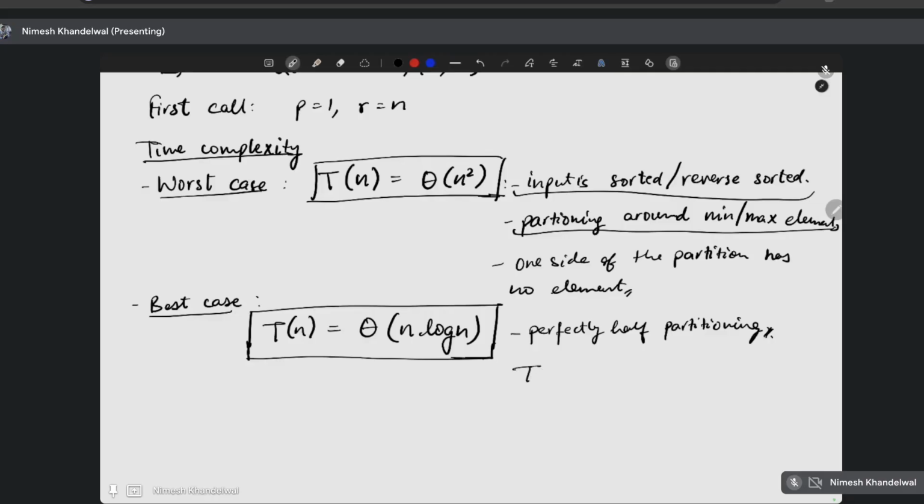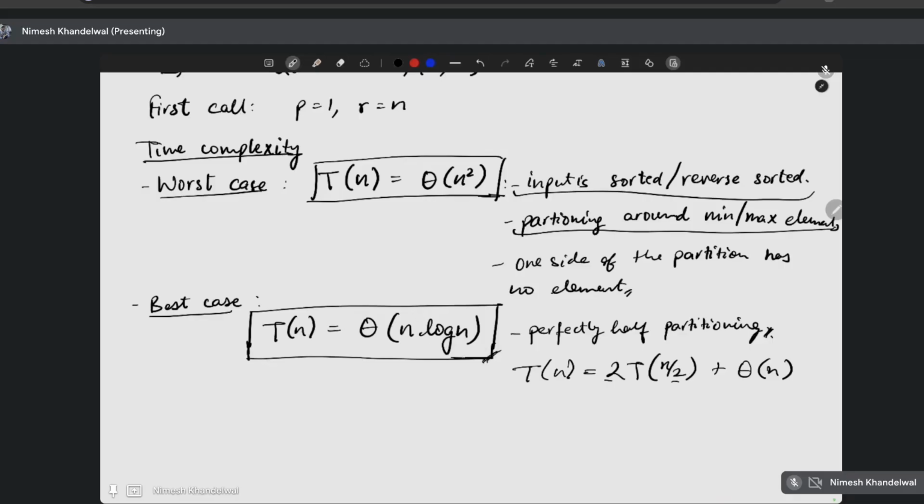So the recursion step for the time complexity is written like this, right? Here a and b are 2 and 2, so it becomes 1, and using the Master theorem we can prove that the time complexity will be n log n, right?